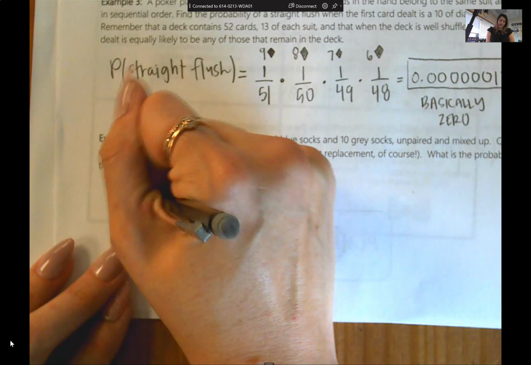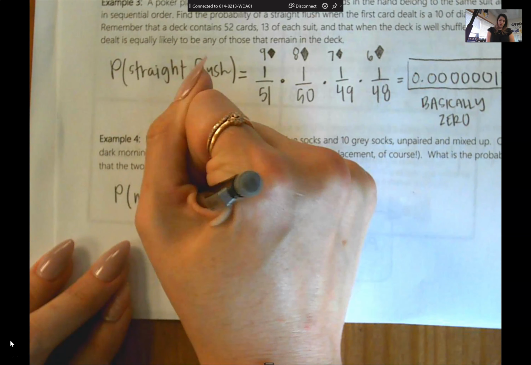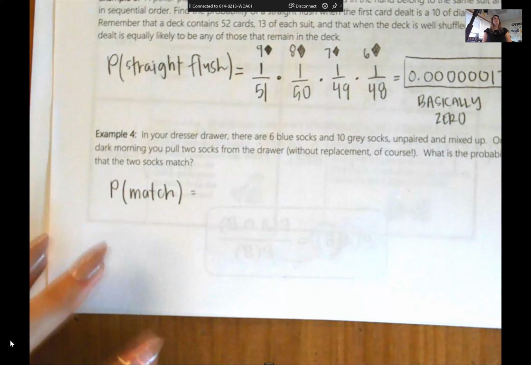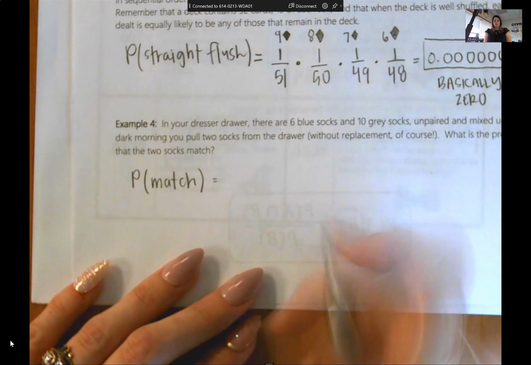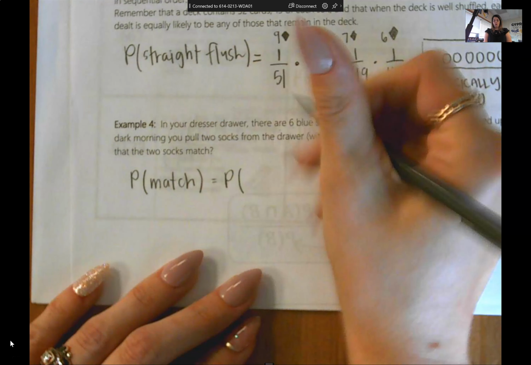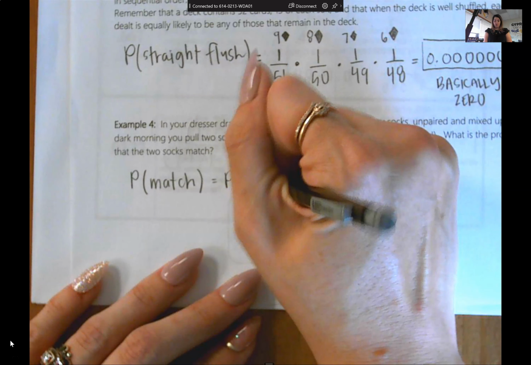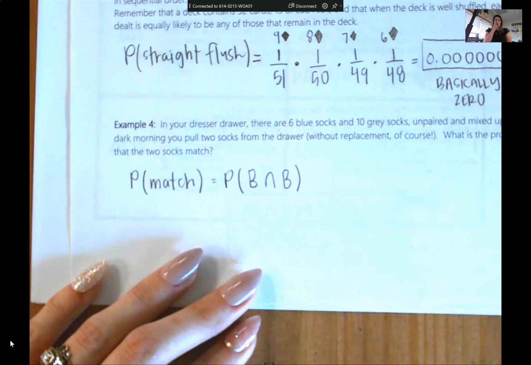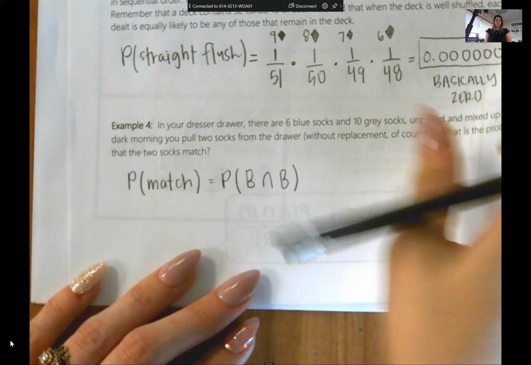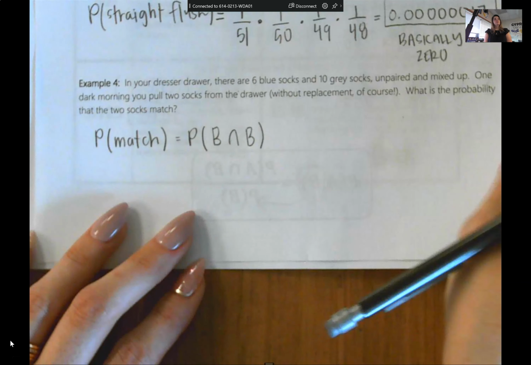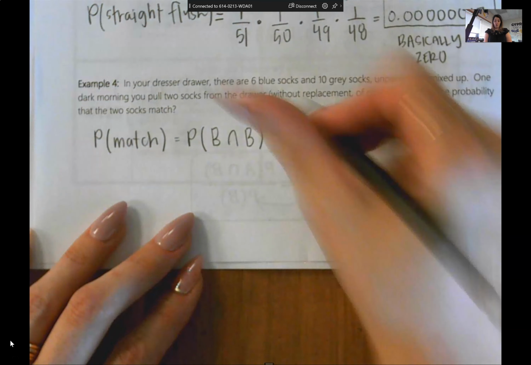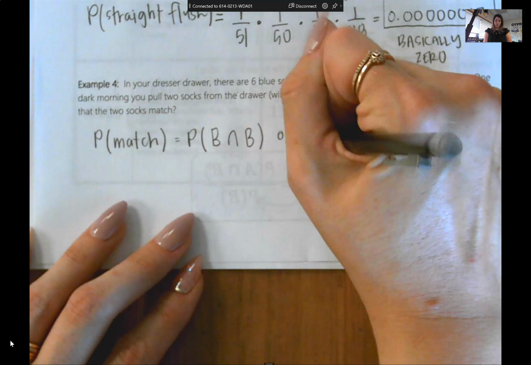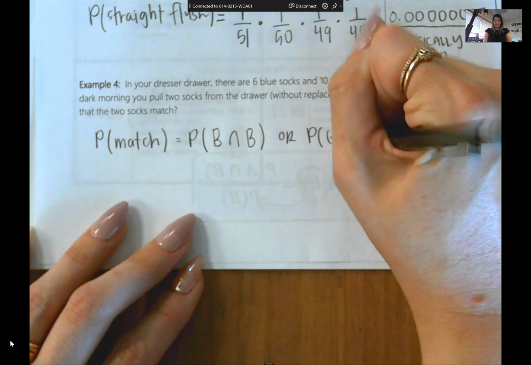Probability of match, well, there's 2 ways that this can happen. You pull a blue and a blue. What's the other way? Or you pull a gray and a gray.